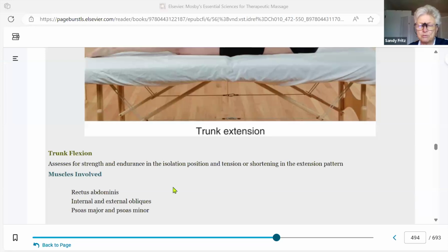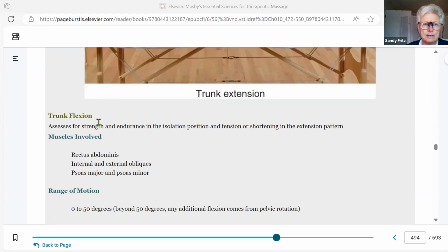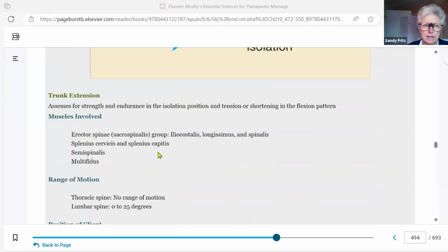But if I move into trunk flexion, then the actions flip. So these are the muscles that produce trunk flexion. That means that the agonist-antagonist pair are the muscles of trunk flexion and trunk extension.